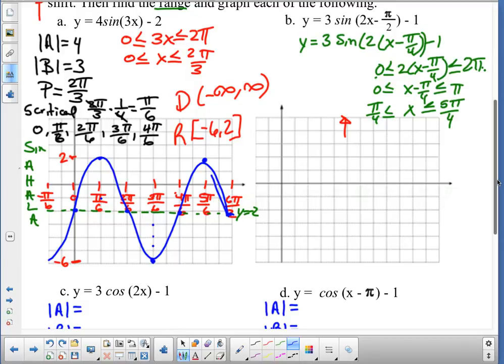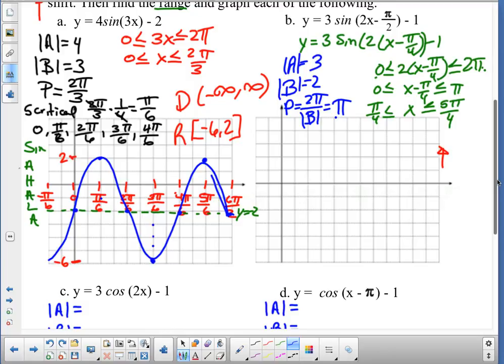But let's just double check that, because it's always nice to make sure I can guarantee that that's what it's going to be in a couple spots. First, absolute value of A is 3. Absolute value of B is 2. Now my period, keep in mind, is 2 pi divided by the absolute value of b, which is just going to be pi here because b is 2. So we've got that set up, and we can find the numbers that we're going to count by dividing our pi by 4.